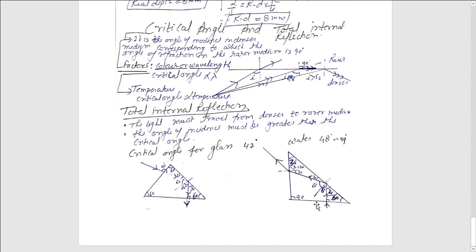You have drawn the normal here, so it is 60. Right? 90 minus 30 is 60. So this is more than the critical angle. Total internal reflection. This is 60. This is 30. This is 30. It means this complete angle is 120. But when you put this normal, this angle is 30 degrees. It means less than the critical angle. So it will bend away from the normal because it goes from glass to air.